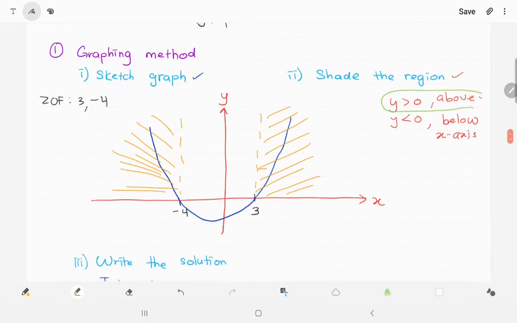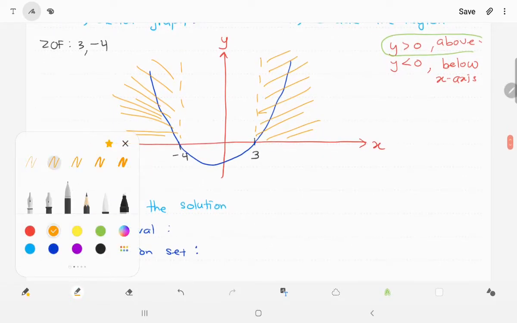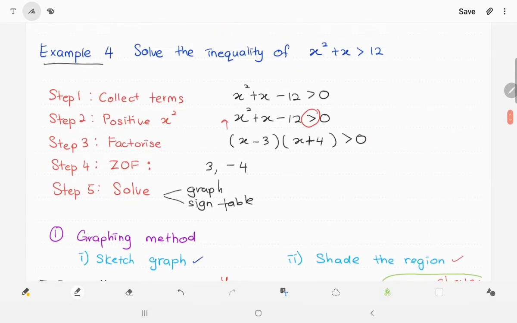Now after shading the region, we can write the solution. The solution is read from left to right. On the left, this is negative infinity, this is infinity. So from negative infinity until negative 4. Be careful here.